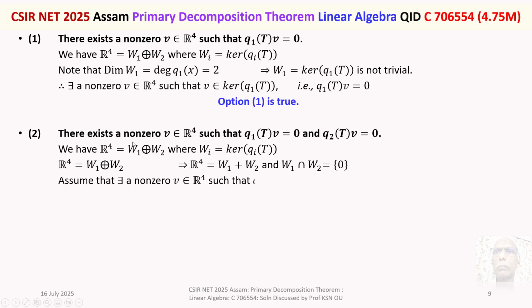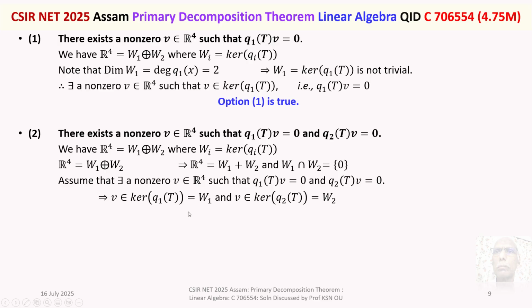Assume that there exists a non-zero vector V belonging to R to the power of 4 such that Q1 of T operating on V is 0 and Q2 of T operating on V is also equal to 0. This means V belongs to the kernel of Q1 of T, that is W1, and V belongs to the kernel of Q2 of T, that is W2.